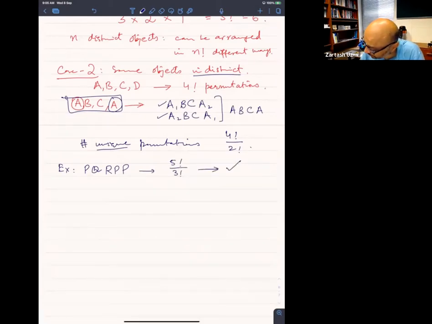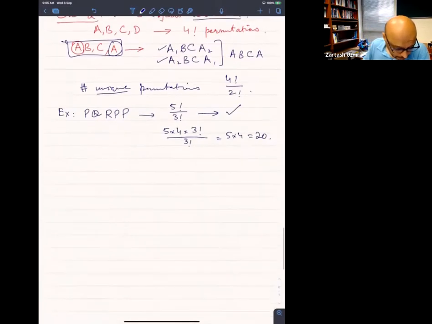By the way, to solve this, 5 factorial means 5 into 4 into 3 into 2 into 1, and the 3 into 2 into 1 I can write as 3 factorial. So this is 5 times 4, since it is often useful to cancel with the denominator.